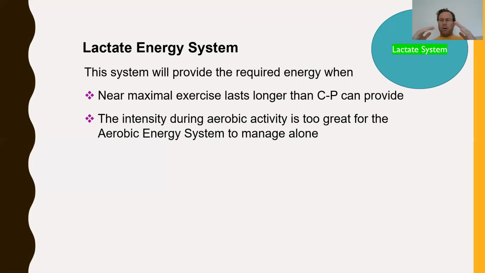And I can't produce energy quickly enough using my aerobic system. So my lactic acid system has to act like a little turbo and just start breaking down glucose anaerobically to meet my energy demands.